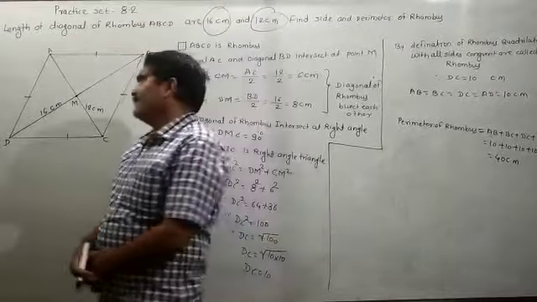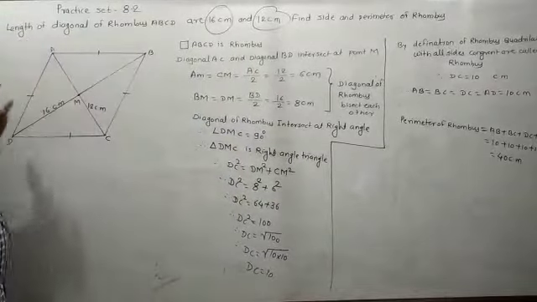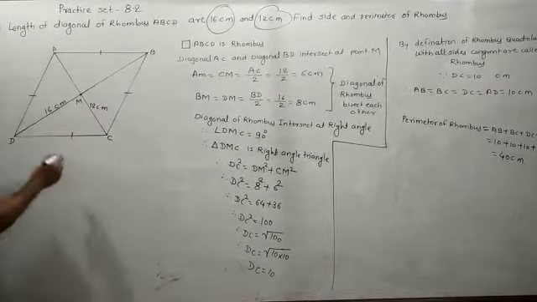So, what is given? These diagonals are given.